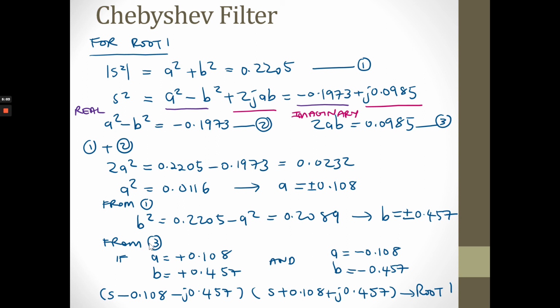If we use a with the positive value, then b must be positive based on this equation, since this is positive. If we choose a with the negative value, then b also needs to be negative based on the third equation. Therefore, based on root number 1, we have two poles, which is this one in terms of polynomial factorization. So this is root number 1.